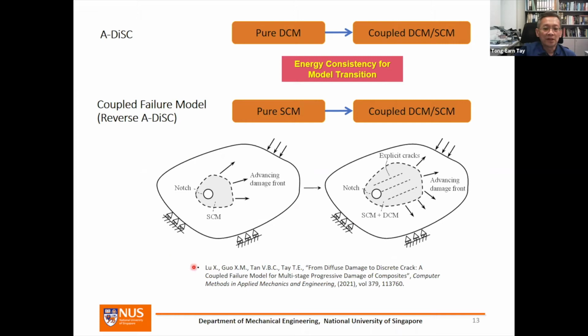Recently, an ex-student of mine, Lucing, proposed a reverse approach. Instead of starting out with a discrete crack in 3D, he starts off with a smeared crack. That means when the damage initiates, he uses a smeared crack model. And then as the damage grows, he switches to a coupled smeared and discrete crack model.